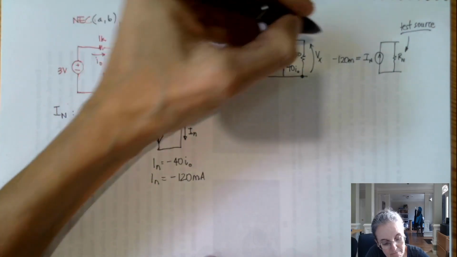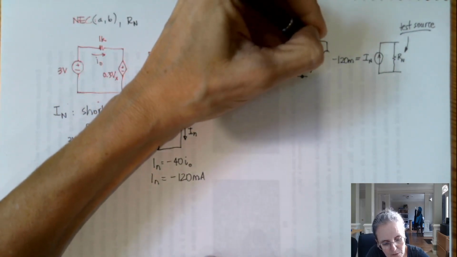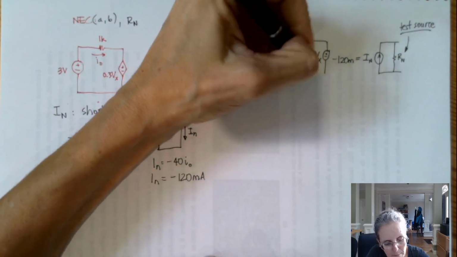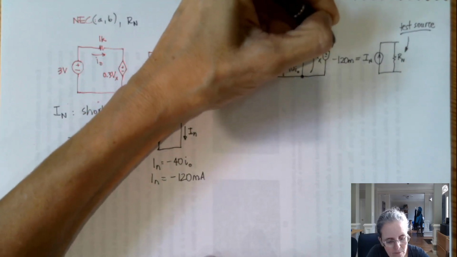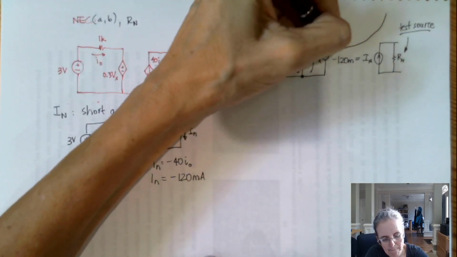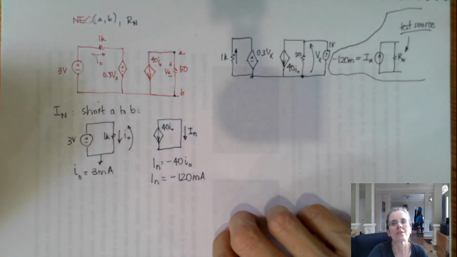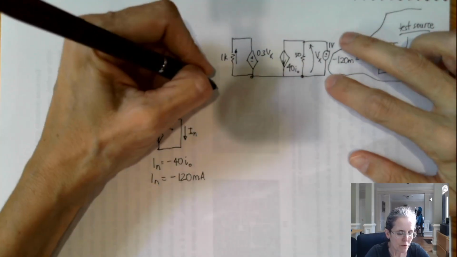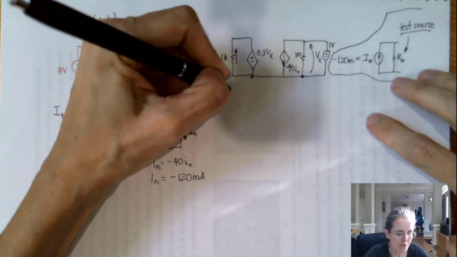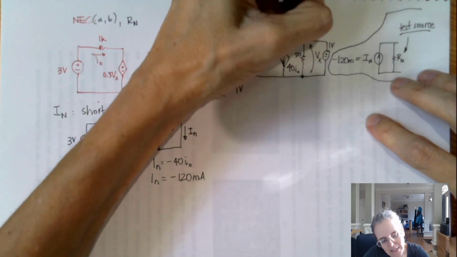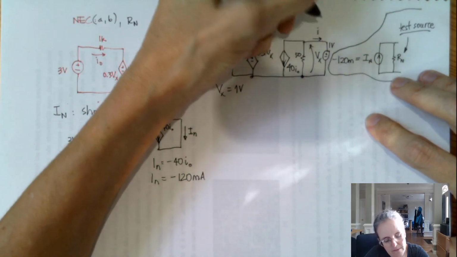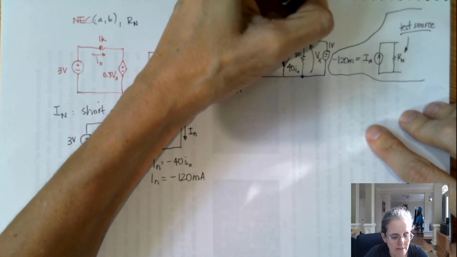I can, for example, put a 1 volt power supply here. Sorry about this encroaching on each other here. So if I put 1 volt on there, all of a sudden Vx equals 1 volt. And I'm interested in this current here, Ix.